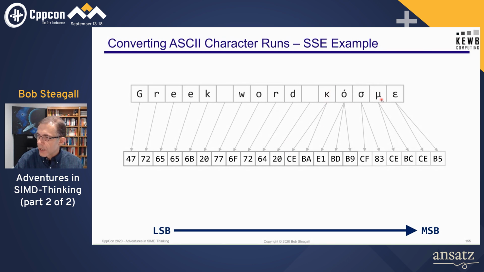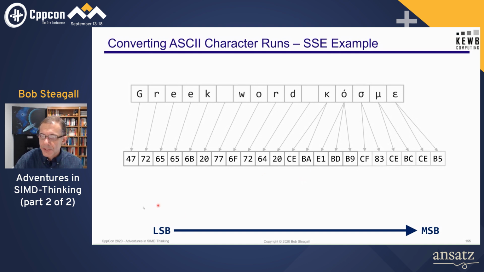But these Greek characters, most of them map to 2, but this character maps to a 3-byte sequence. So I've got 16 different code points, but they're actually mapped into 22 code units, 22 octets, or is it more? No, it's more than that. Okay, anyway, it's not a one-to-one mapping.